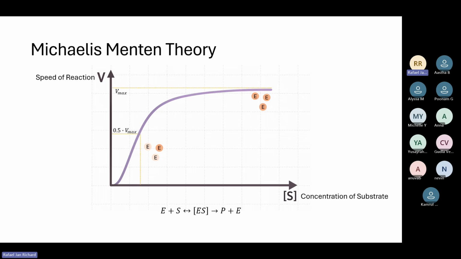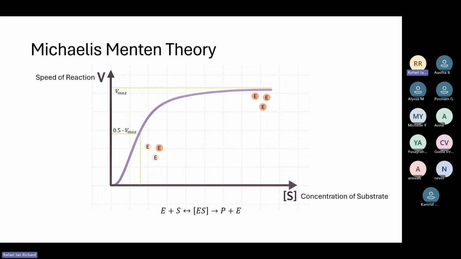However, then the actual speed of the reaction doesn't really change that much. Whereas when it takes a long time for half of the maximal speed to be reached, the reaction starts very slowly, but it can still reach its maximum speed when there is enough substrate present.